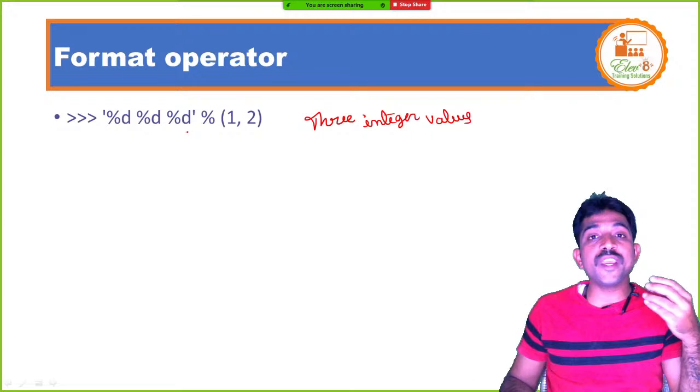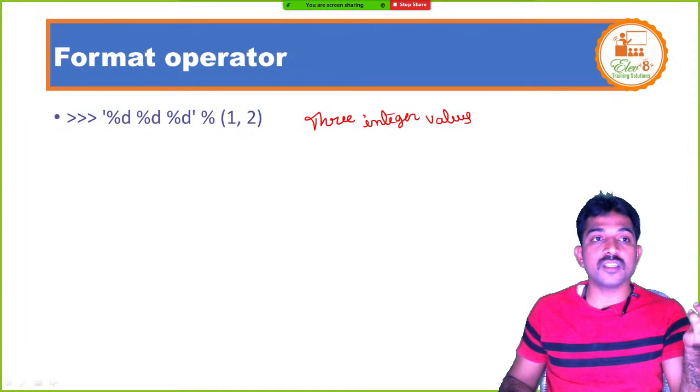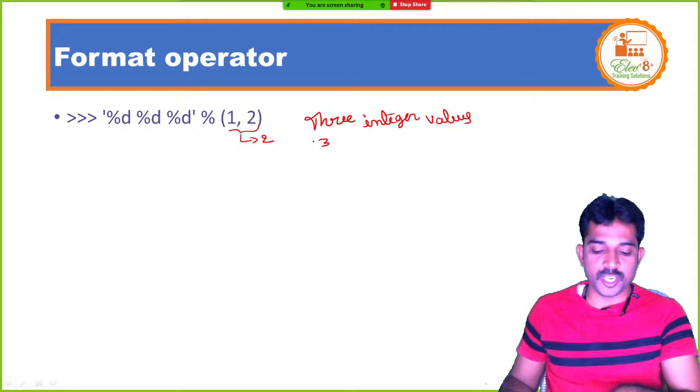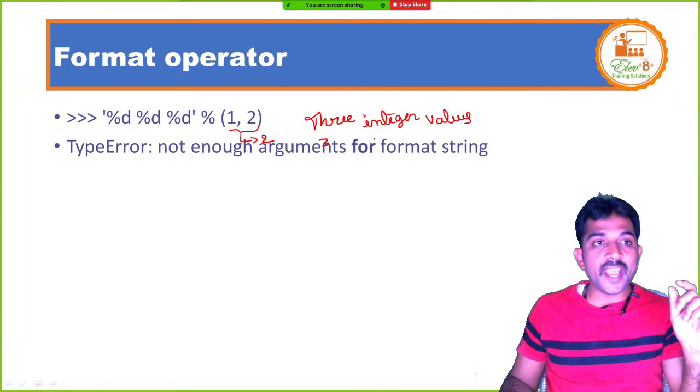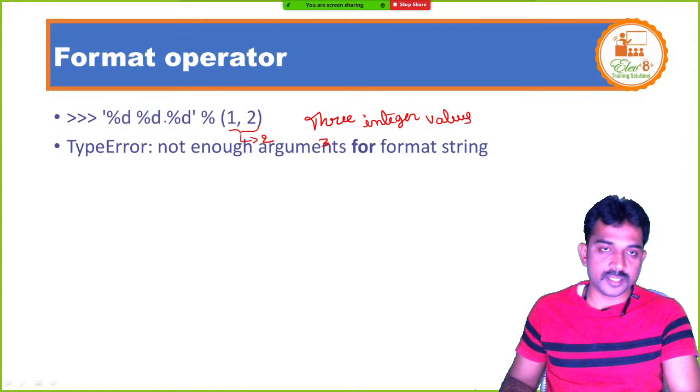But how many values have you given? Only two. Here it is three, so they are mismatched. You get the error "not enough arguments for format string". The arguments you have given should match the format specifiers.